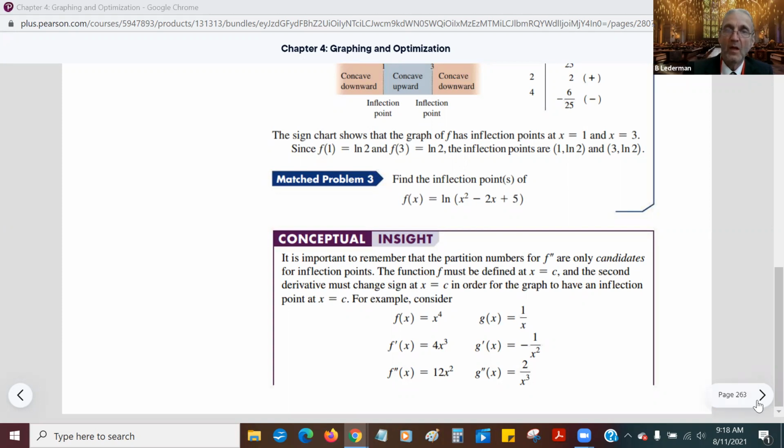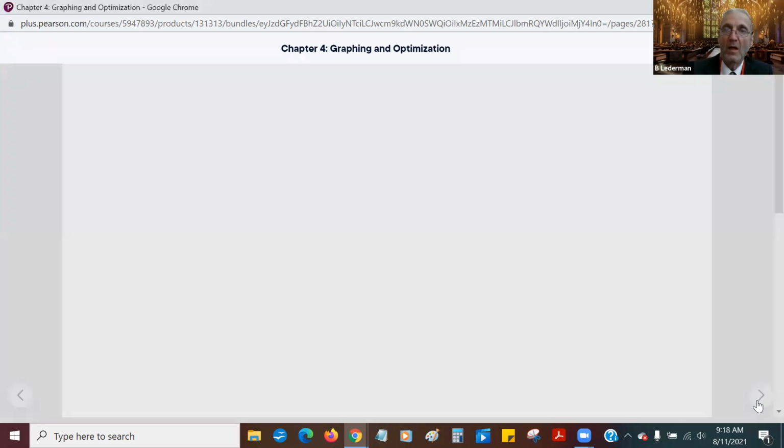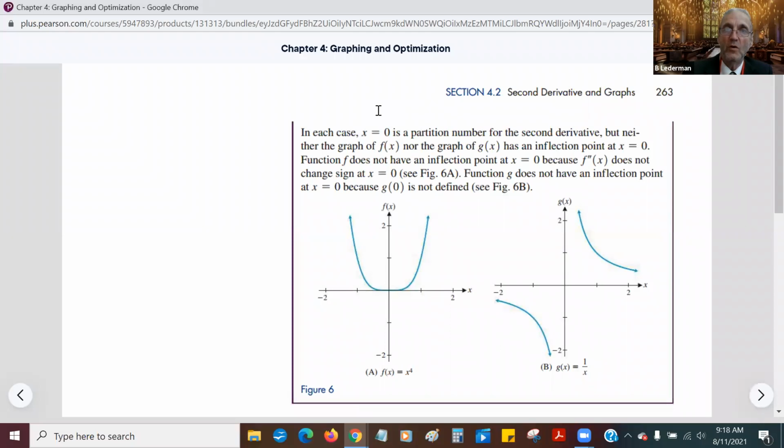So in each case, x equals 0 is our partition number. However, it is not a point of inflection. See over here, f is x to the fourth, but the second derivative, 12x squared, is always positive, so it's concave up here, concave up there.